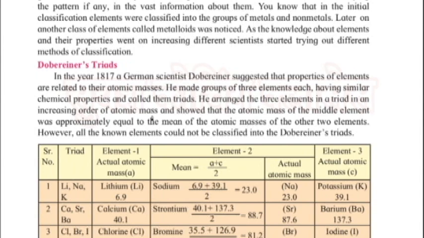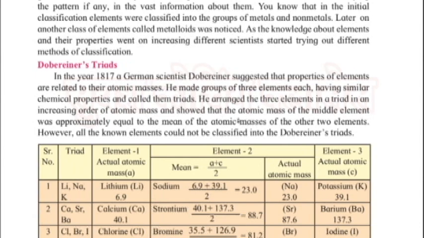And what he found? He found that the atomic mass of the middle element was approximately equal to the mean of the atomic masses of the other two elements. Means बीच वाला जो element है, जो हमने तीन एलिमेंट्स को अरेंज किया है according to increasing order of the atomic masses, तो इसमें जो बीच वाला एलिमेंट है उसका एटॉमिक मास कैसे रहेगा?